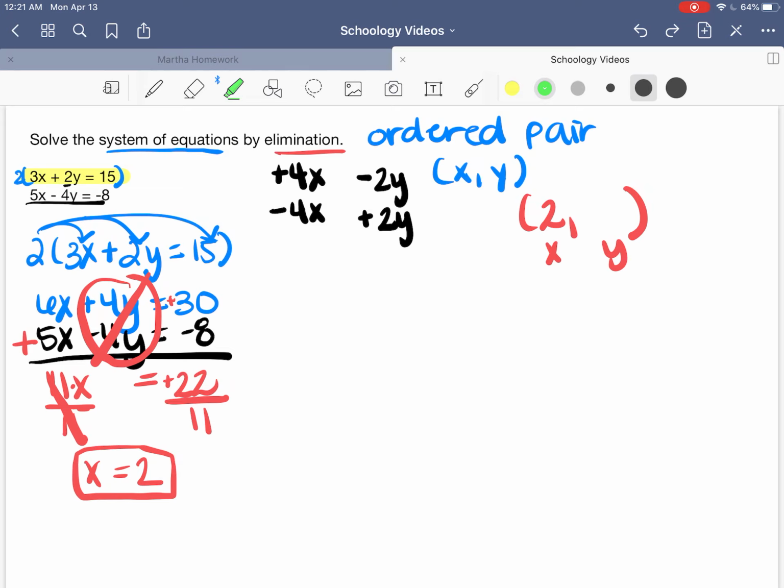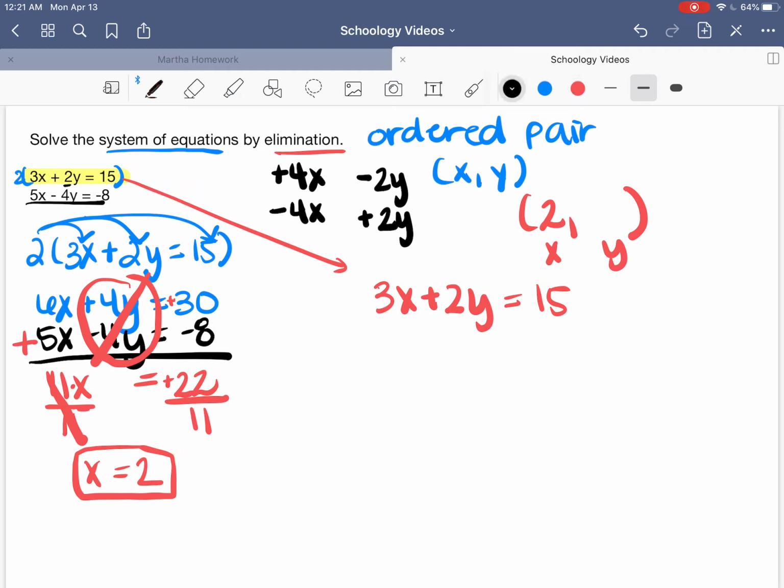I think the easiest way is to get your answer from one of the equations. So let me take the highlighted one, 3x plus 2y is equal to 15. Anytime I see an x, I'm going to replace it with 2. So instead of having an x here, I'm going to say 3 times 2 plus 2y is equal to 15, because I don't know what my y is equal to.